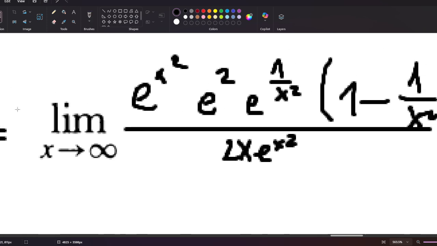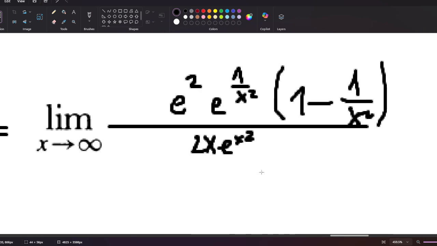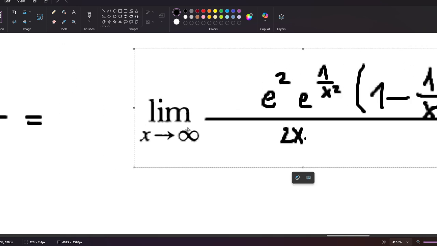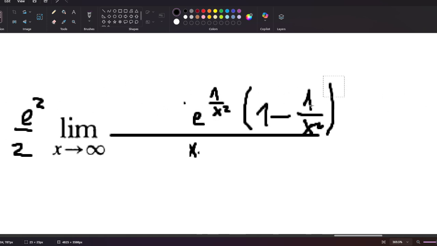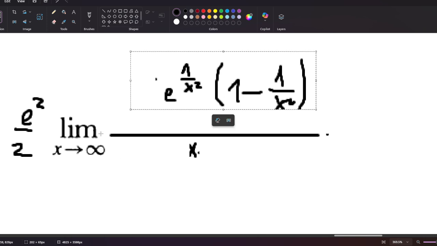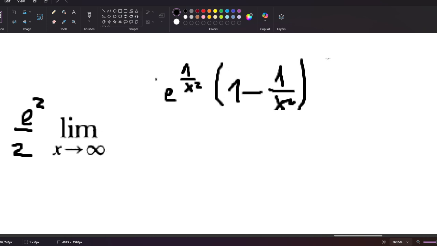Now, e to the power of x squared is going to just cancel out. Next, we can pull e squared and 2 outside, e squared over 2. And let's also rewrite this fraction as multiplication.